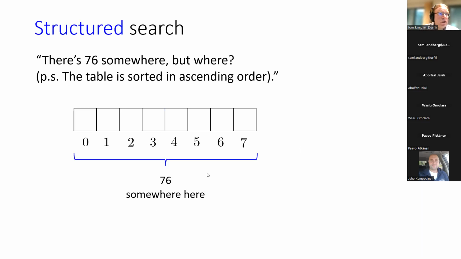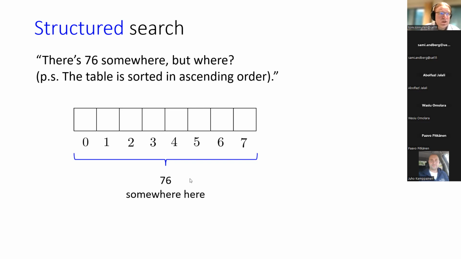Okay, so now something hopefully very familiar to all computer science students at least. We are given a structured search problem. Pauli also mentioned yesterday the structured and unstructured search. In a structured search, we are also searching from the table.